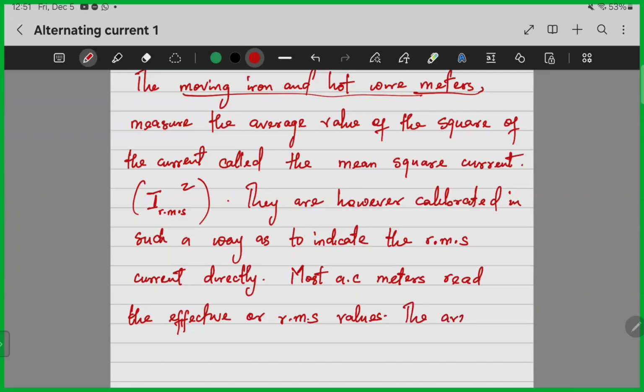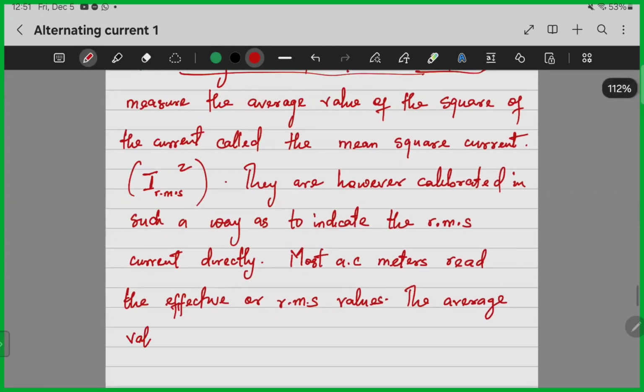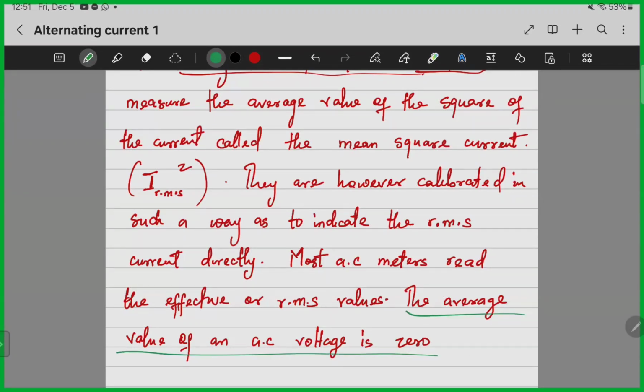The average value of an AC voltage is 0. So take note of that last statement. So we'll call it a wrap. That was a very short class, but keep that in mind.